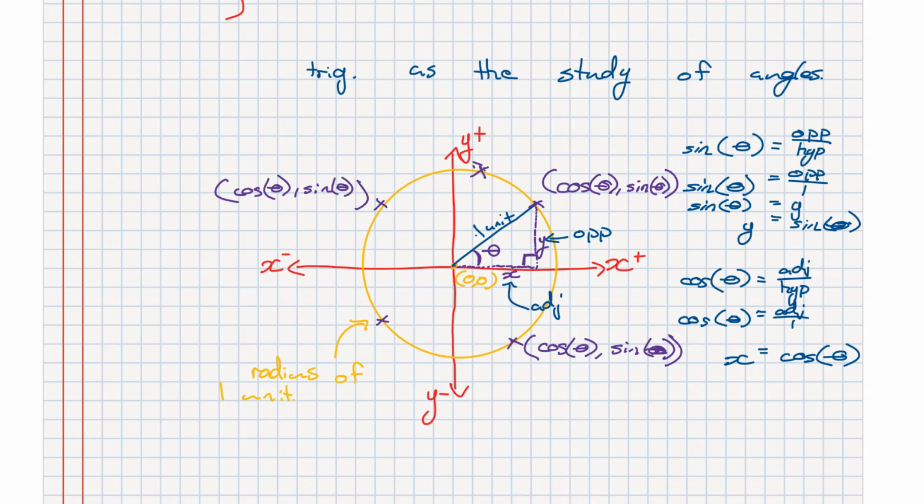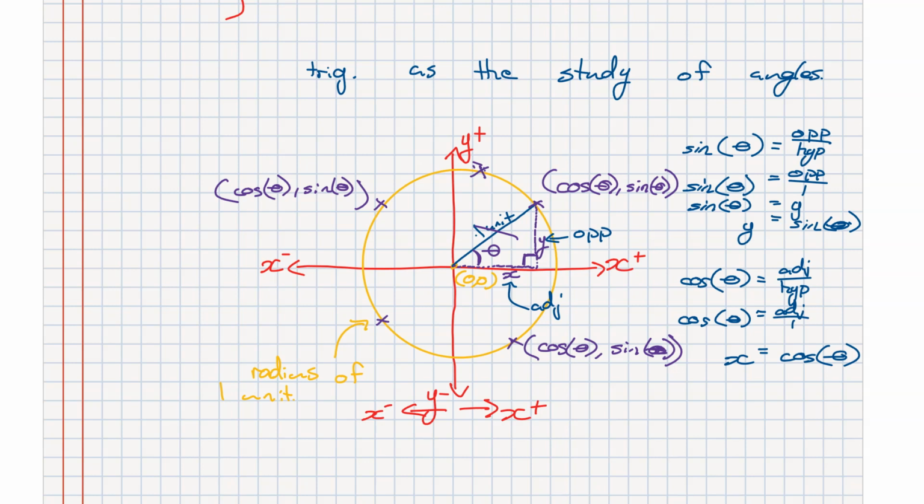Now this has interesting implications on the values that we expect to come out of the cosine and sine functions. Notice that we're working in the full range of this Cartesian plane, and when we're on the right hand side of the y-axis, we expect positive values for x, but on the left hand side of the y-axis, we expect negative values for x.